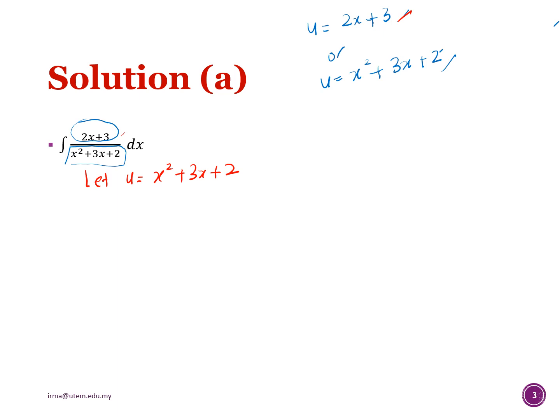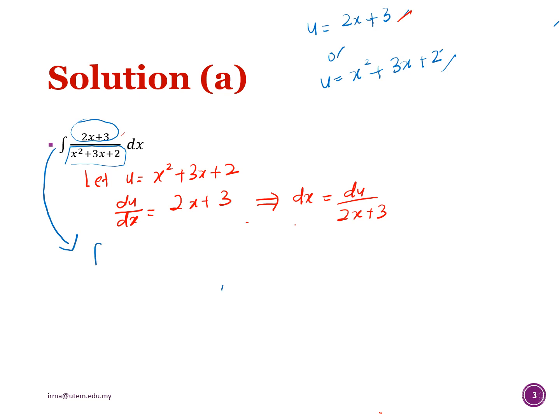Second step is to find du dx. So you get 2x plus 3. Then rearrange, so we have dx equal to du over 2x plus 3. So what's next? What you need to do is restructure the integration.